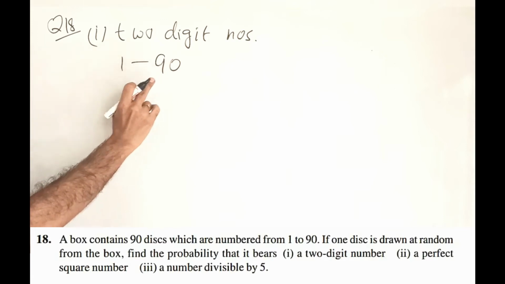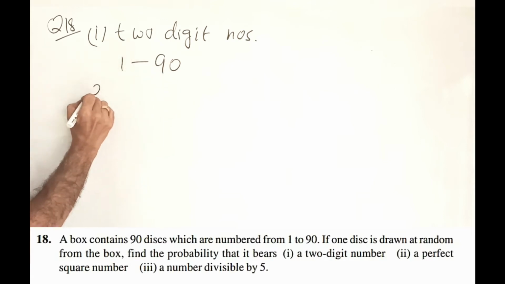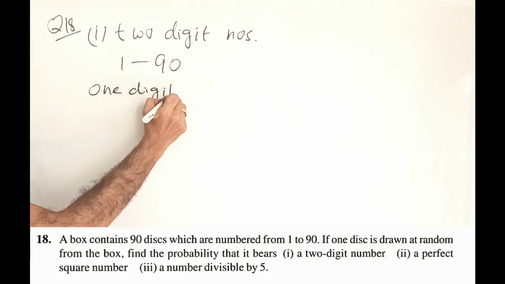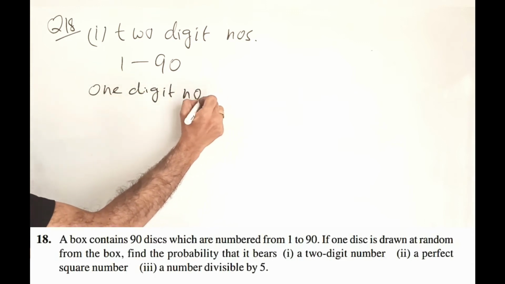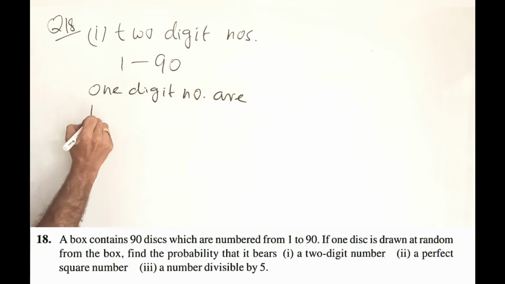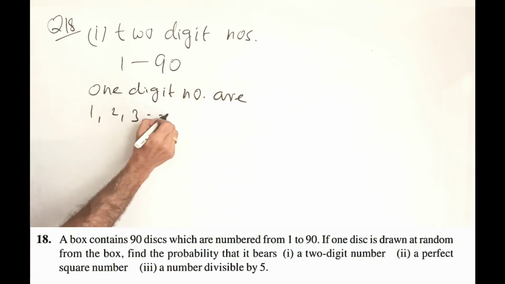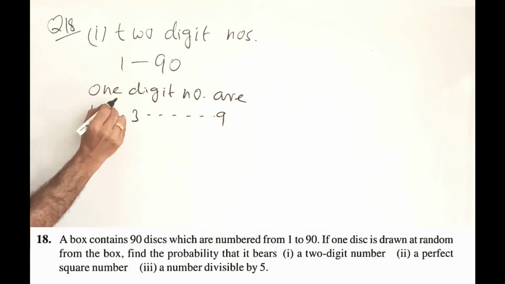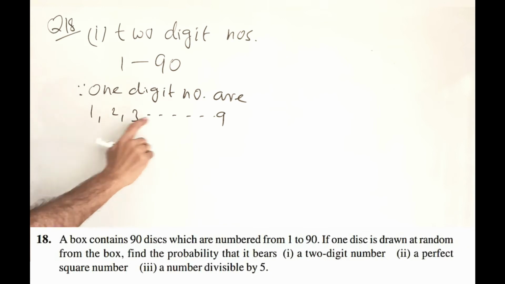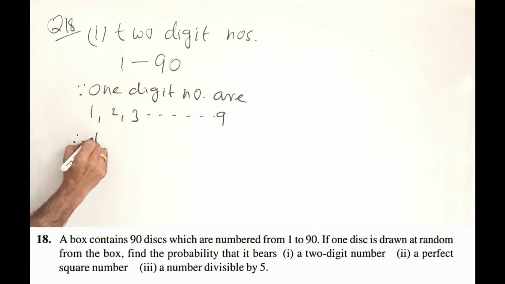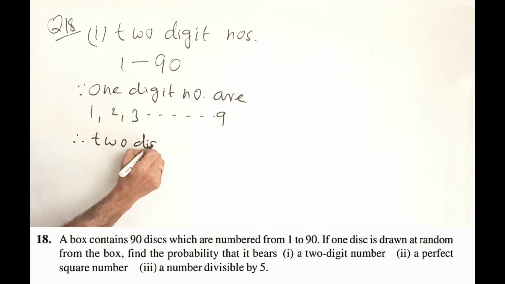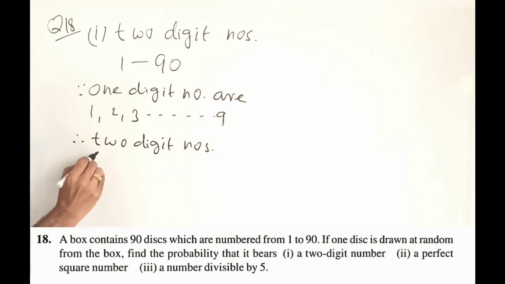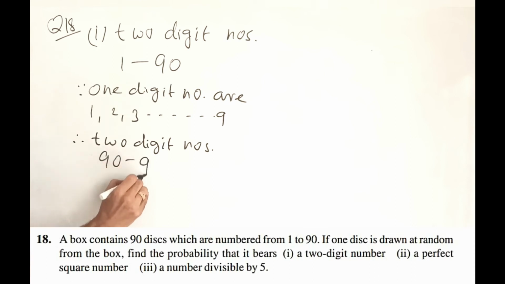Now for 2-digit numbers, let us see the 1-digit numbers first. 1-digit numbers are 1, 2, 3 up to 9. How many numbers? 9. So since 1-digit numbers are 1 to 9, therefore 2-digit numbers will be 90 minus 9.